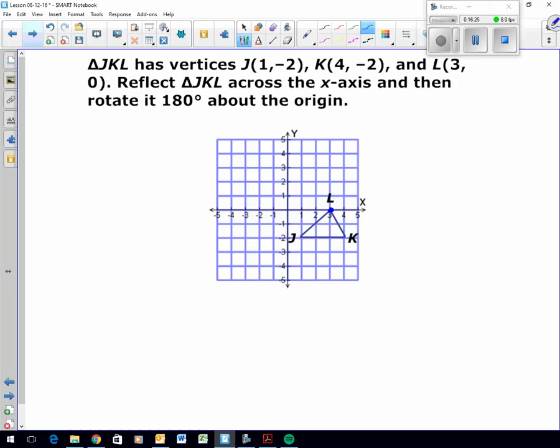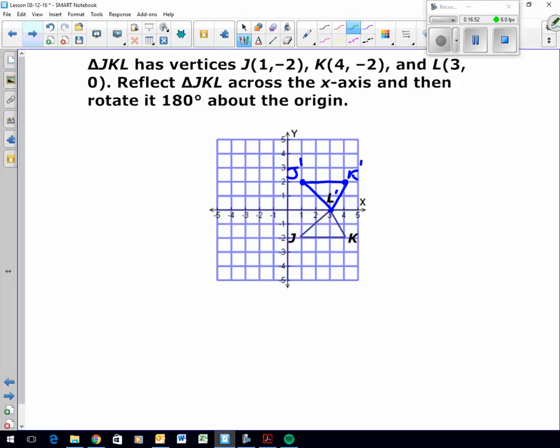The x value, 1, stays the same, and -2 becomes +2. K was at (4, -2). The 4 stays the same, and the y value flips from negative to positive 2. There's J prime, there's K prime, there's L prime.